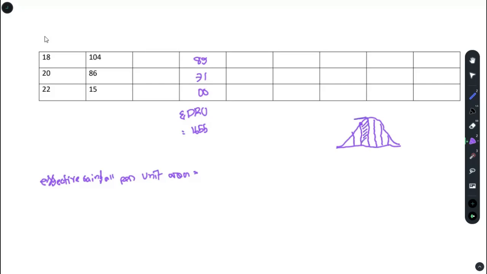These are my direct runoff values on the y-axis, and on the x-axis we have del t, which is the time gap. So we find the volume for direct runoff by multiplying the direct runoff rate, which is 1655, by the time difference, del t equals 2 hours here.